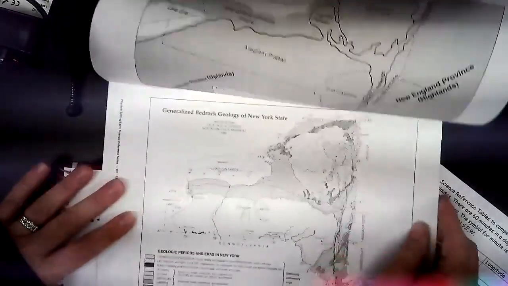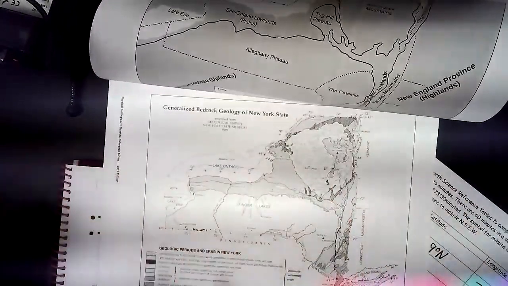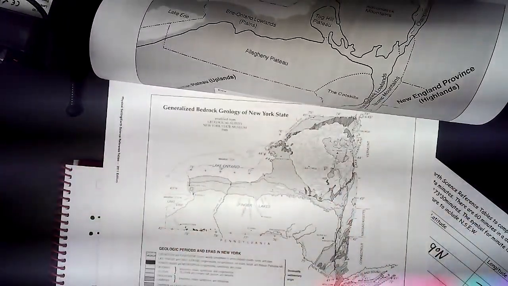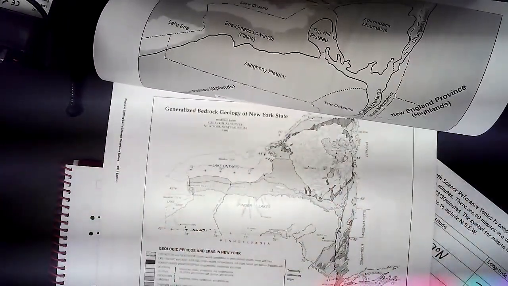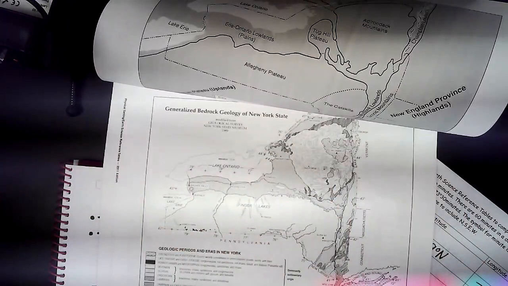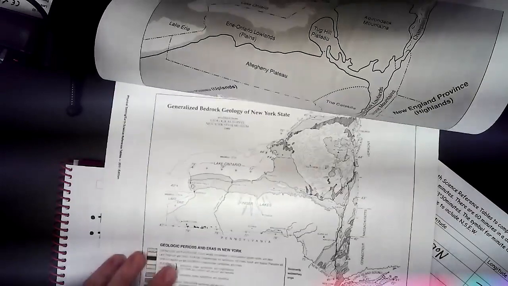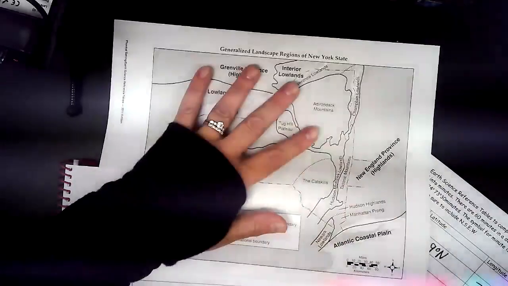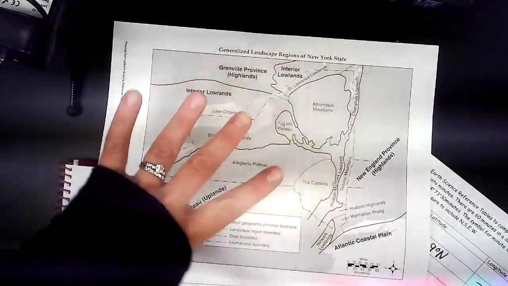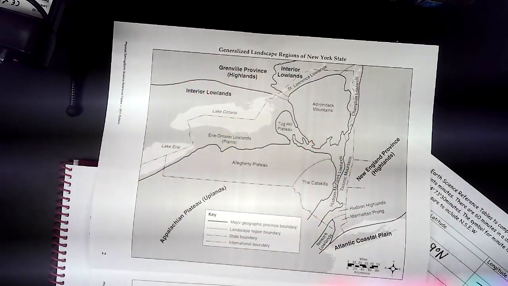That exact same map is right here. Yes, there's more information on this second map of New York State, but really they're the same map, just with different information put on top of them. You can see the map on page 2 doesn't have much information on it. So we're going to be focusing on the map on page 3 for today.